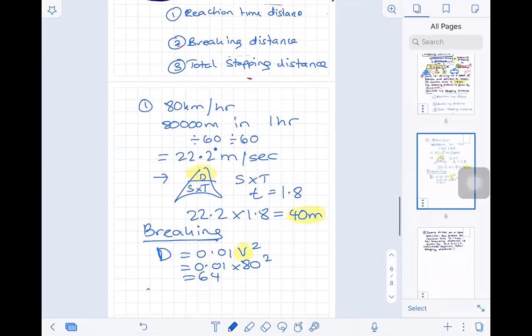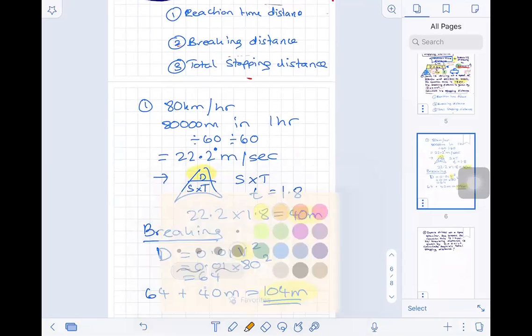So you just go 64 plus your 40 meters. I'm just going to make sure that I'm not using my rounded off. 8,000 divided by 60 divided by 60 times 1.8. Yep, I get 40 plus 64. If you're going at that speed and you suddenly put your foot on the brake, it'll actually be 104 meters that you'll travel.